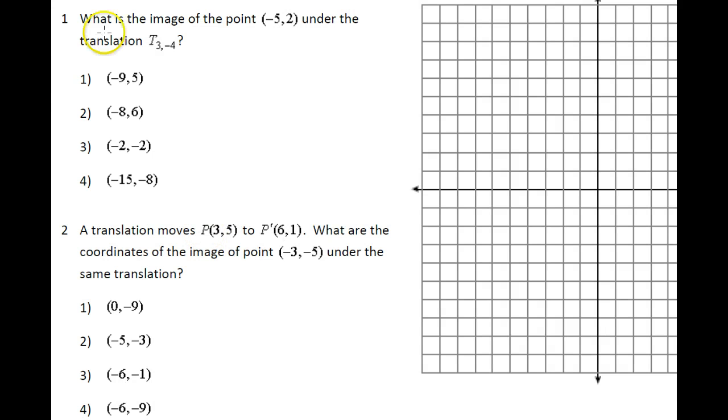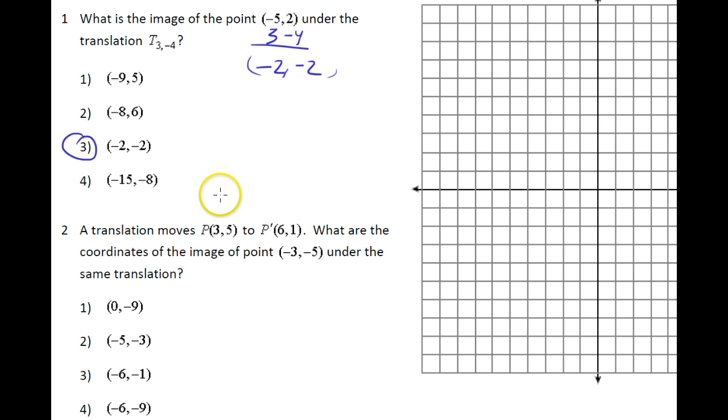Take a look at the first couple and see if you can try them out. Okay, so let's look. So hopefully you did 3, negative 4. So that's negative 2, negative 2. Choice 3.